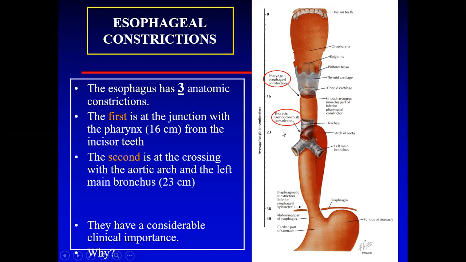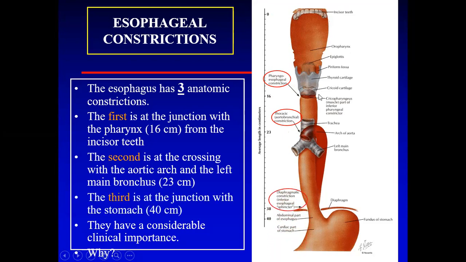Whenever the aortic arch crosses the esophagus, there will be a second constriction. This is called the thoracic constriction, or the aortobronchial constriction, because the bronchus is also crossing the esophagus. This is almost 23 centimeters from the incisor teeth. All these measurements are from the incisor teeth.